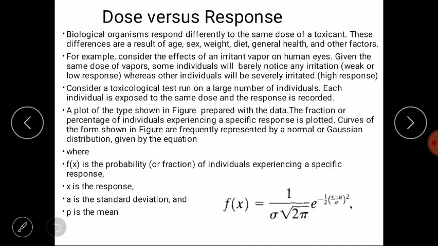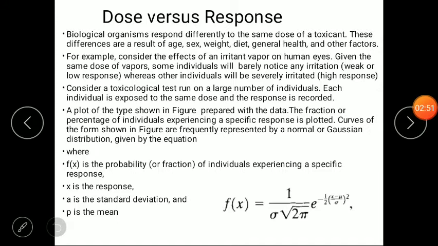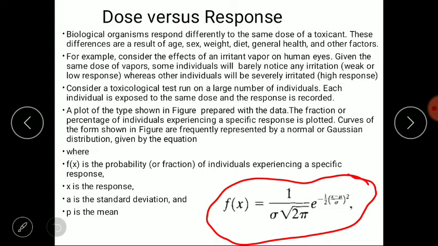Now for studying that in detail, we have to consider an equation or a graph, that is the normal distribution equation or Gaussian distribution equation. This is the equation for a normal distribution curve, where our test will be the same as that of the Gaussian distribution curve.